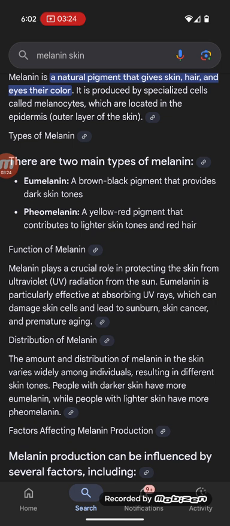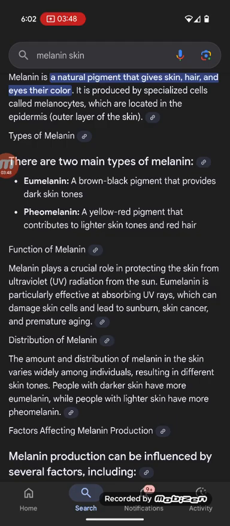So I want to read that again. It says eumelanin. So I pray that I'm saying that correctly. Eumelanin is particularly effective at absorbing UV rays, which can damage skin cells and lead to sunburn, skin cancer, and premature aging.